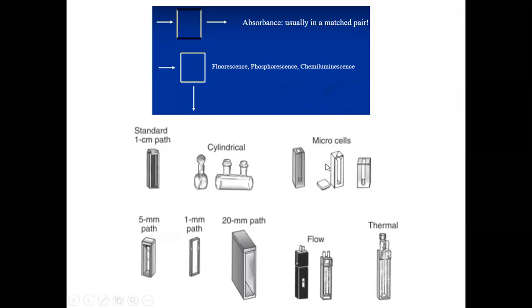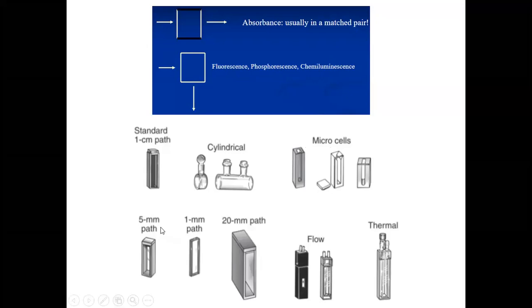But if we don't have that much sample, then there should be a way for us to measure. In that case, we will use microcells. In the microcells, 2 sides of the walls are made like thick walls, but the path length is still 1 centimeter. You can see one side is 1 centimeter, but the other 2 walls have been made using thick quartz or glass.